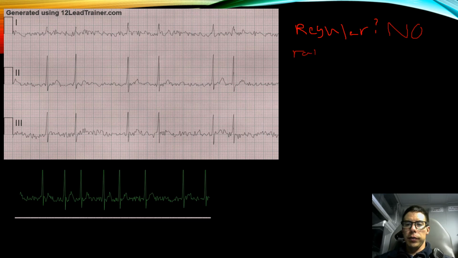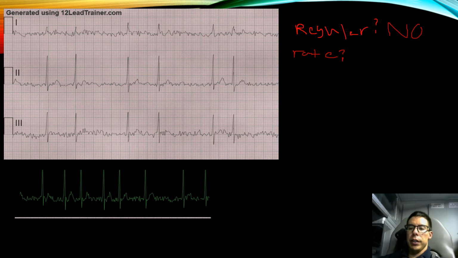Let's calculate the rate now. With atrial fibrillation, we can't use the dark line method of counting because it's never going to be regular. It's possible that, for a little tracing, you might just be lucky enough to have some beats that happen to be at regular intervals, but that would just be chance, because this is an irregular rhythm.